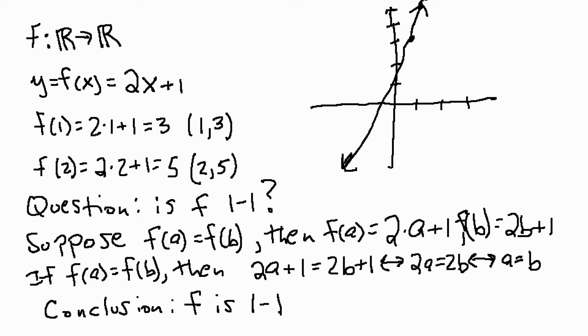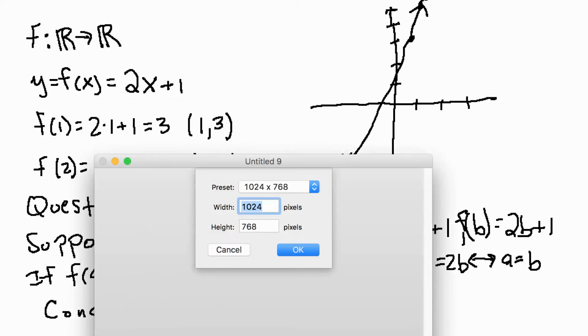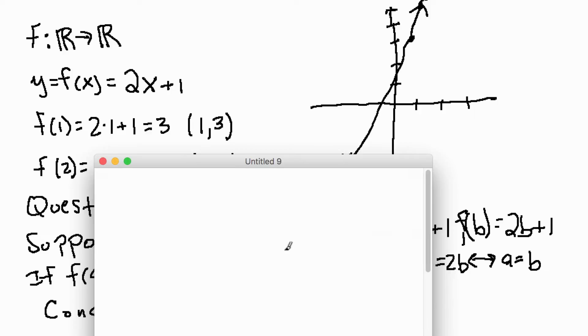Let's consider another example. Again, I want to consider some g that maps the real numbers to the real numbers. And let's suppose that g of x is equal to x squared. Now maybe you all know what this looks like already. A couple of things we note here.